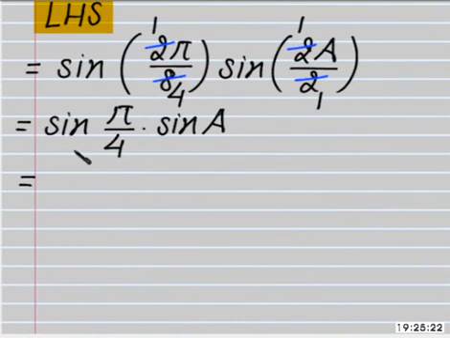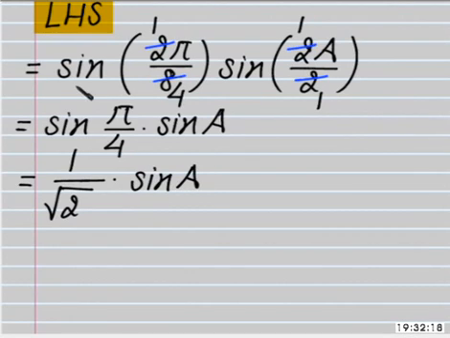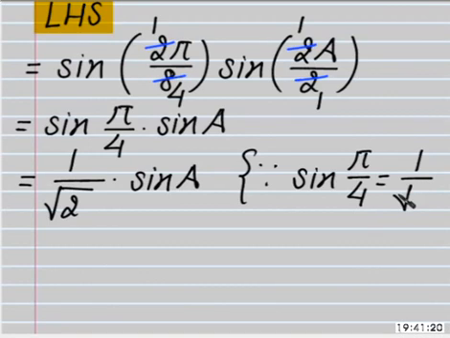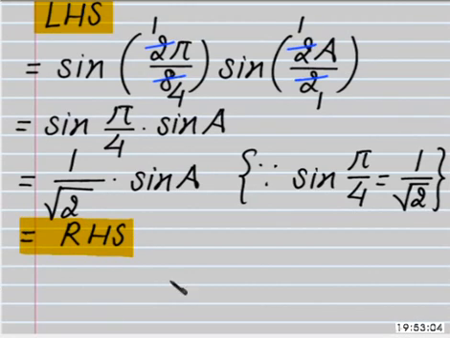So it will be equal to 1 upon square root 2 into sin a, because we know that sin pi by 4 is equal to 1 by square root 2, and that is equal to right hand side. So here left hand side is equal to the right hand side.